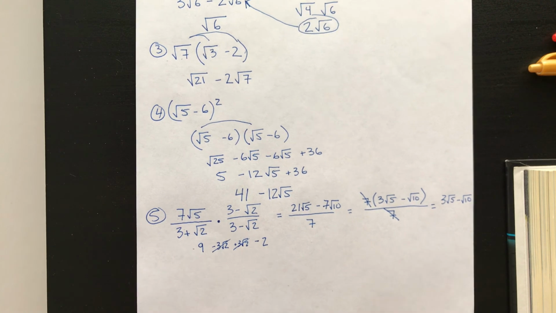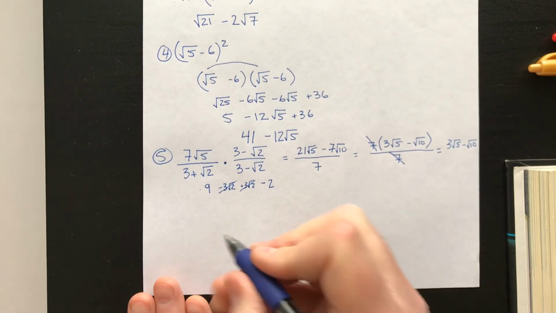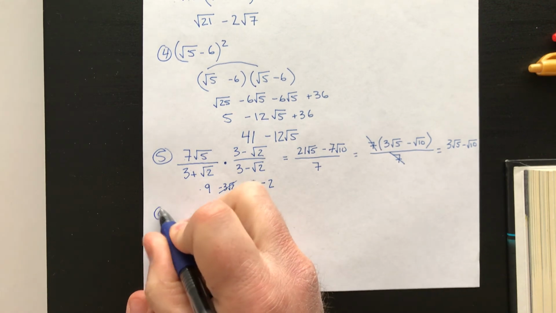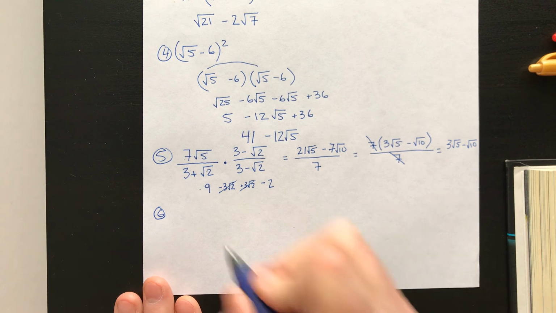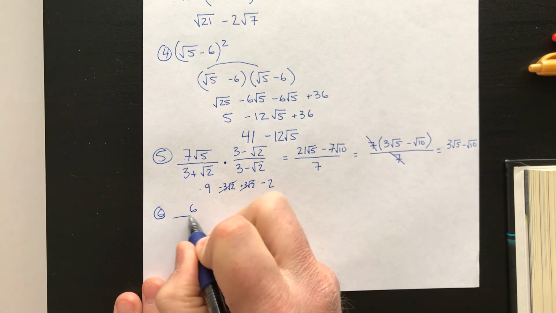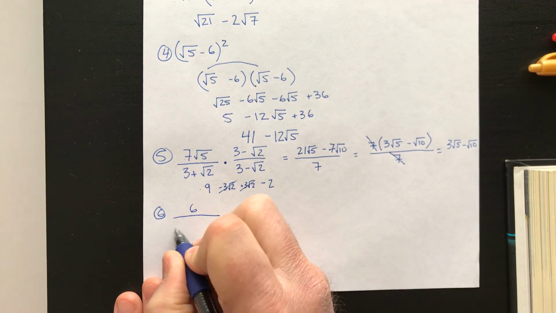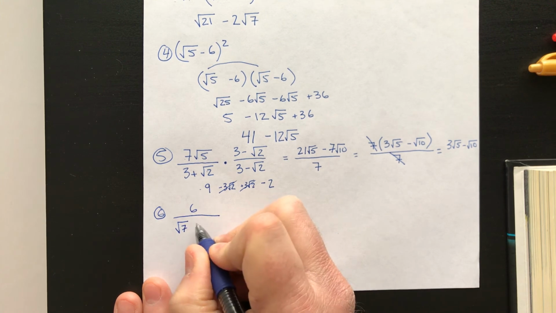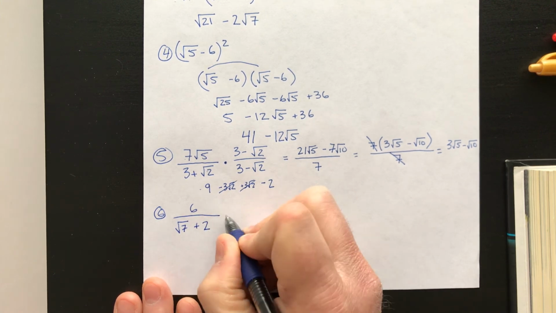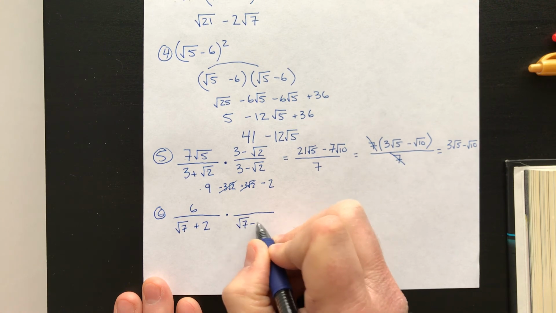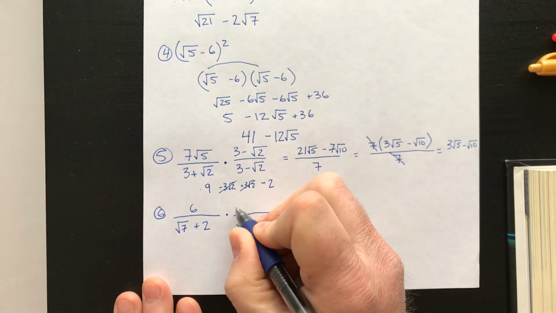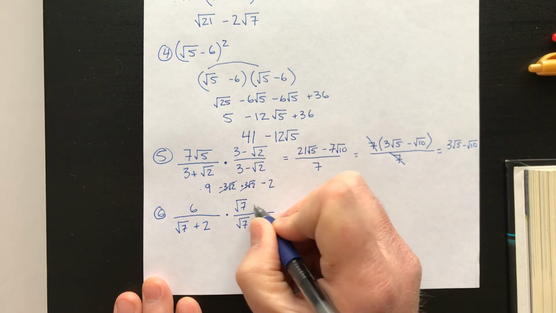All right, number 6. Number 6 is another conjugate problem. We have a 6 in the numerator, and in the denominator we have square root of 7 plus 2. So I need to multiply both the numerator and the denominator by square root of 7 minus 2.